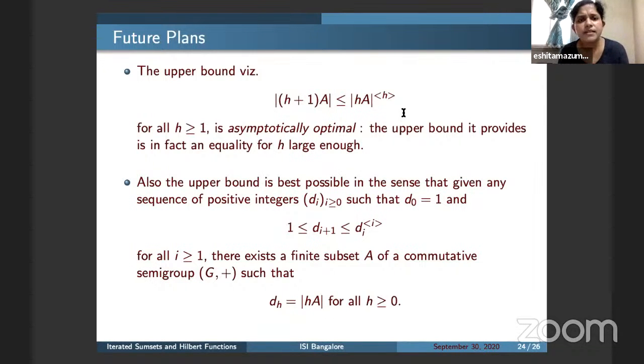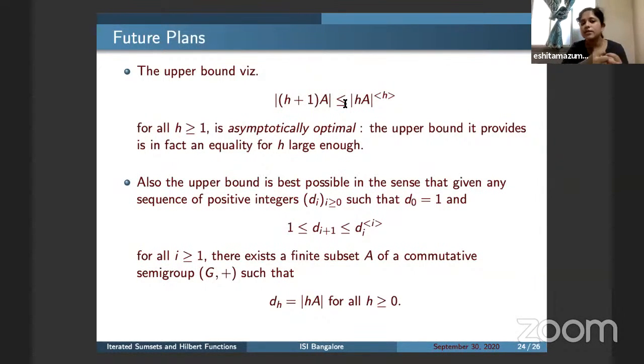We believe that it is asymptotically optimal, and also we believe that this upper bound will achieve equality for large enough values of h. Also, the second problem I would like to take is that this upper bound is the best possible. In which sense am I saying it is the best possible?